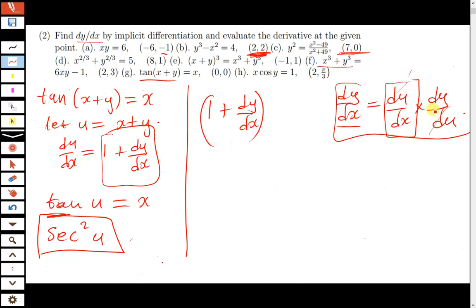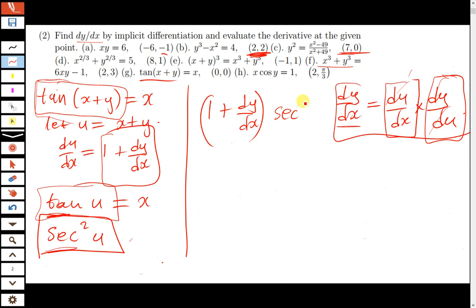Then we're multiplying this part with dy du. In this case I'm not using dy because I just differentiated this function alone. In short, I was supposed to say let f of x be equal to this expression alone, so that you see the steps clearly. So this other part is going to be replaced by sec squared u.